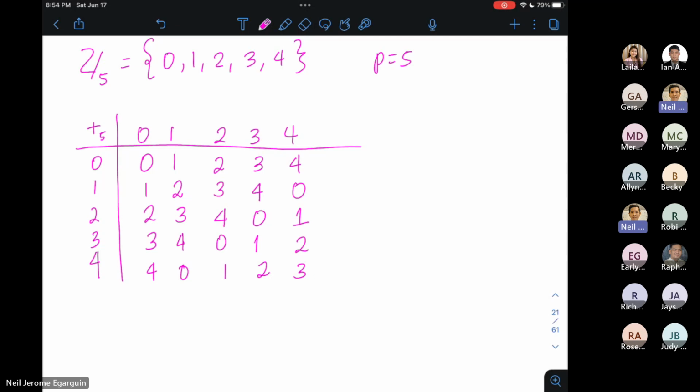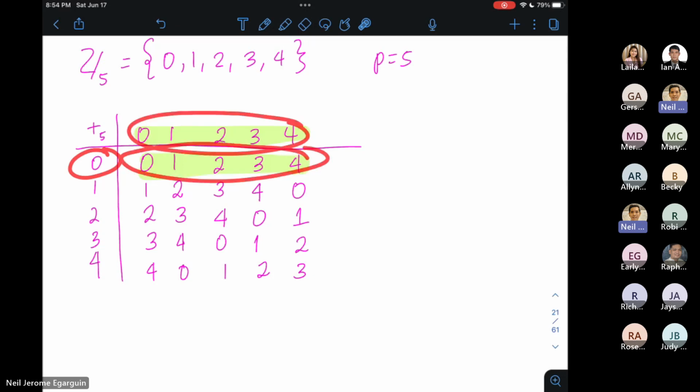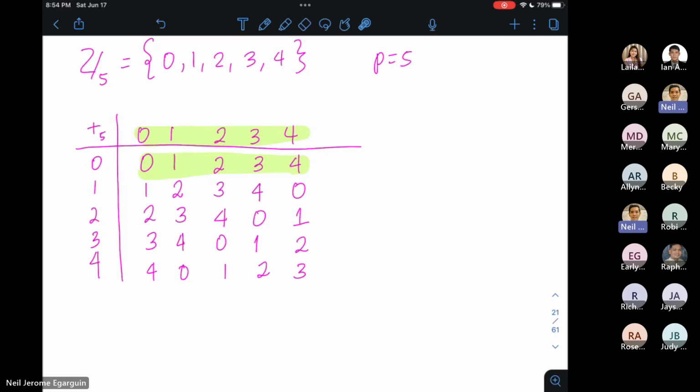Okay? And then from here, we can see that this is repeated here, right? So, ibig sabihin, si 0 yung additive identity. Right? Kasi doon na ulit yung top row. Or pwede mo rin tingnan kung hindi ka pa sure kung commutative yung operation, tingnan mo rin yung column.